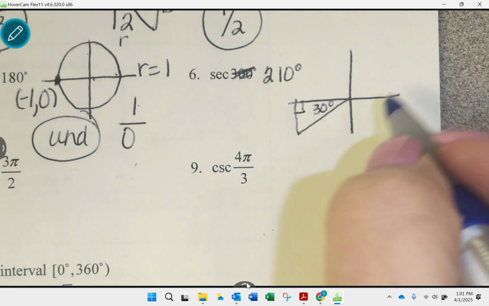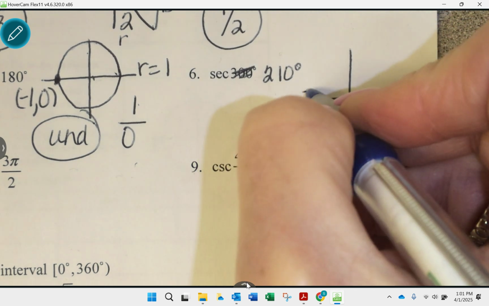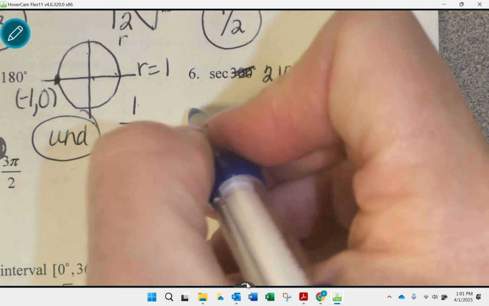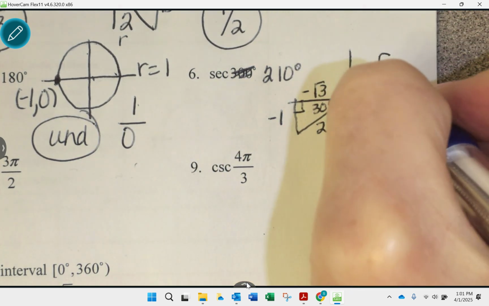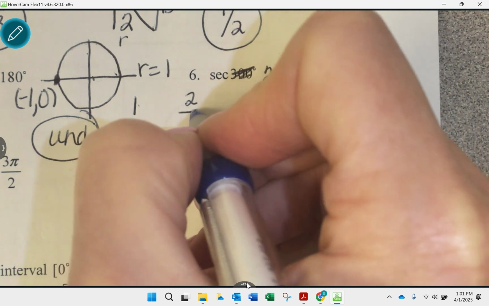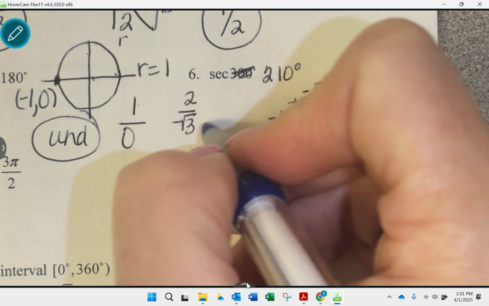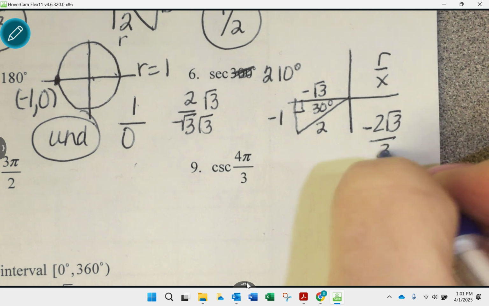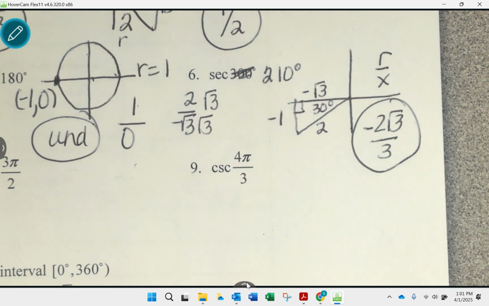Fill it in and find the secant. You guys get it? -2 radical 3 over 3.